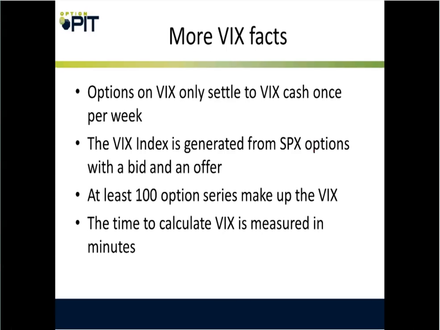Okay. Here's another thing. VIX options and VIX only settle to cash once a week. So there's one brief moment in time where the VIX settlement actually matters. That's on Wednesday morning on the first print of VIX.